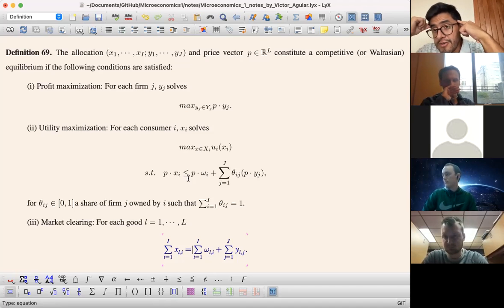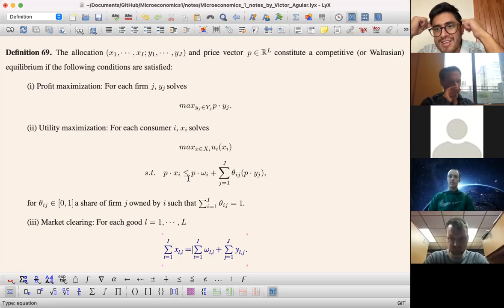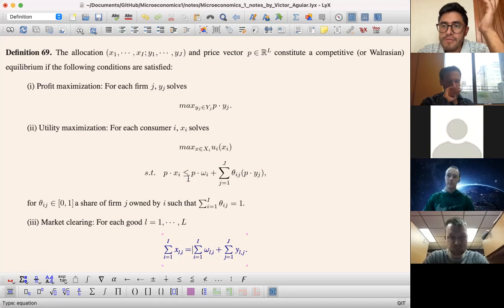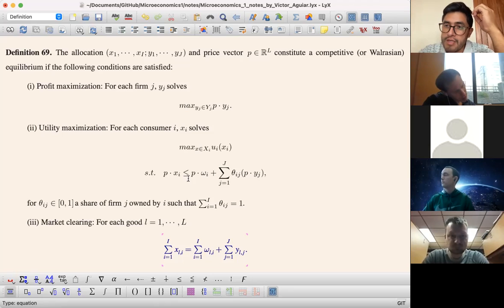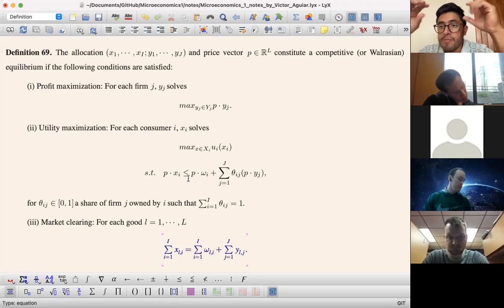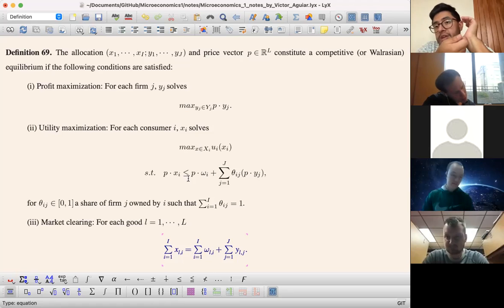Now, this theory is not a theory of how prices are formed, right? It's just an abstraction of a situation where consumers and firms behave as they were behaving in our previous chapters. So firms try to maximize profit, consumers try to maximize utility, and now they are put together such that they generate in equilibrium, and this is the first time we introduce this notion, a price that allows them to coordinate, right?